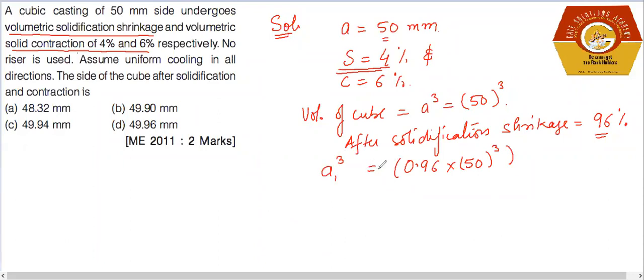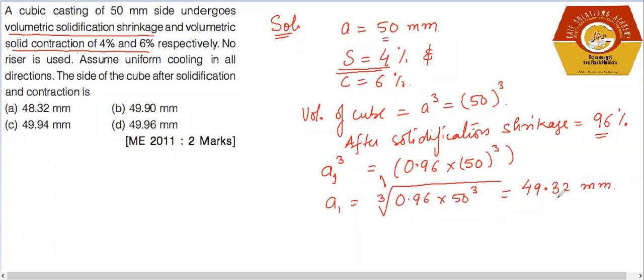If we want to find the value of A, it is the side A1 after first solidification shrinkage, which is the cube root of 0.96 into 50 cube. I believe the answer for A1 is 49.32 mm. This is the side after first shrinkage.